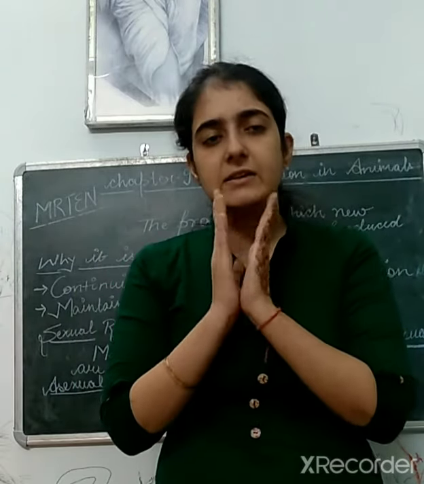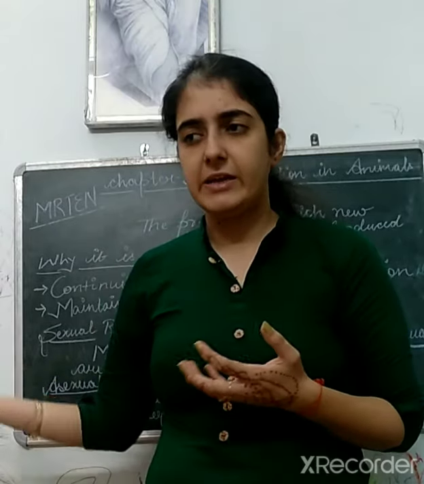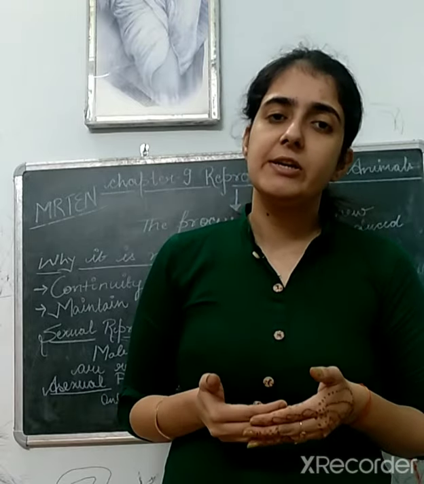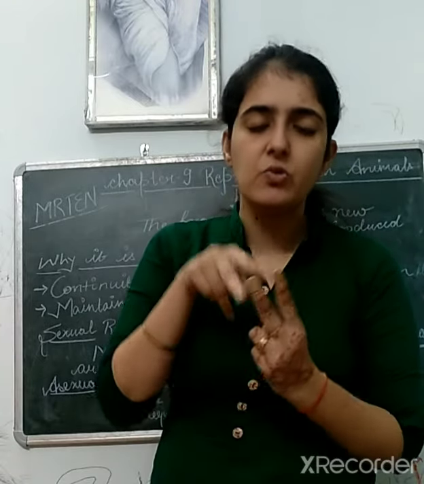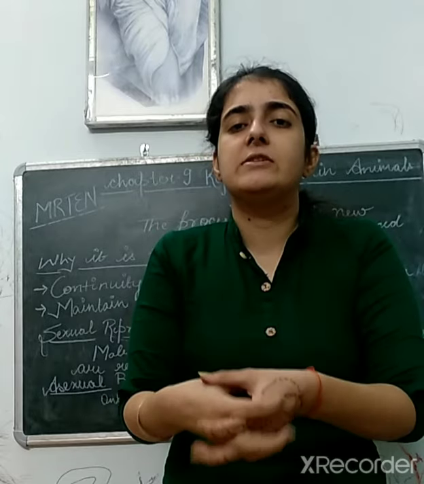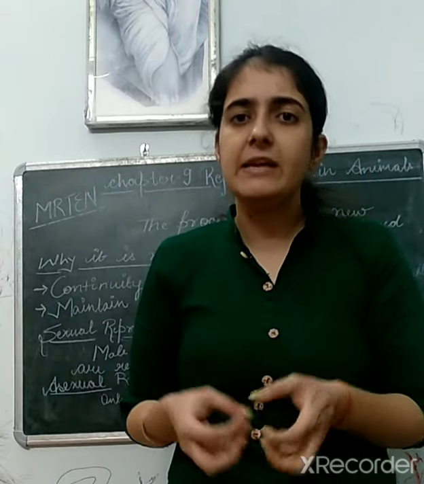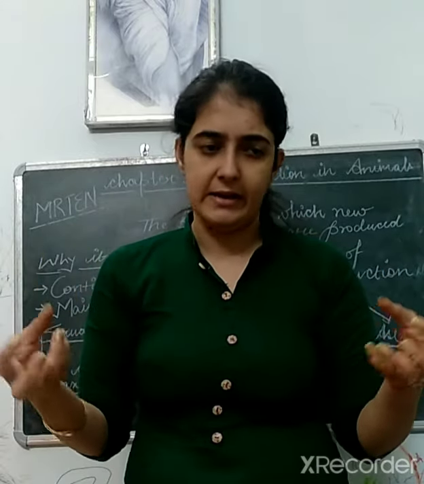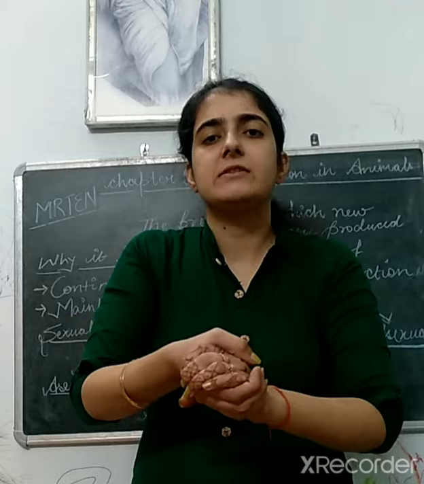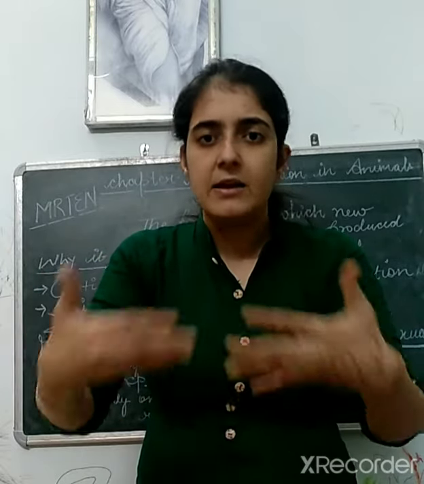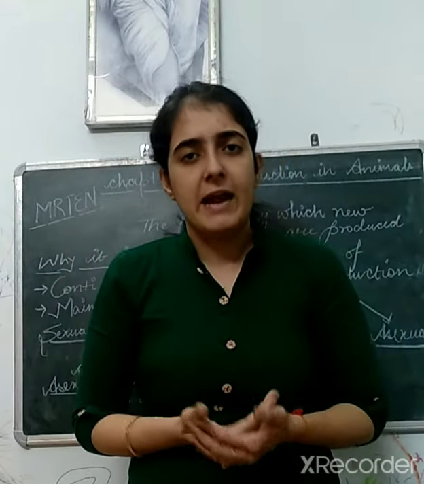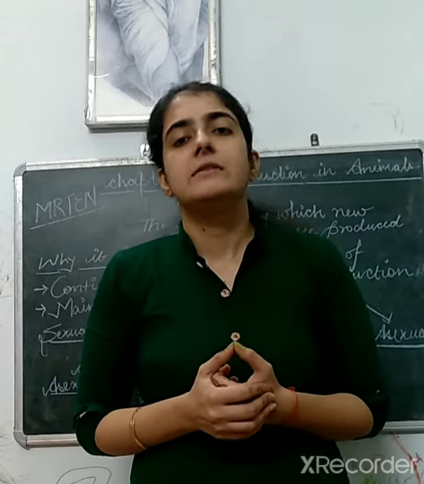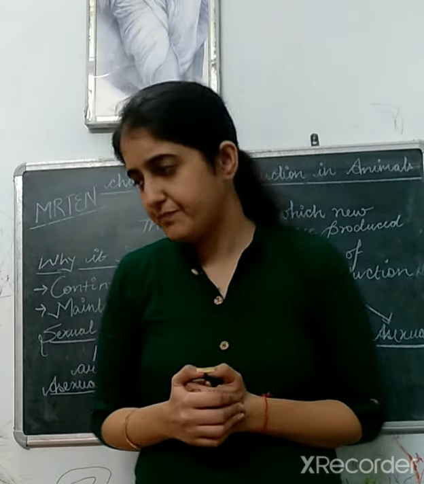In sexual reproduction, these two gametes are fused with each other. The DNA, basically the genes, and genes are made up of DNA, both fuse with each other and form a new cell, a new organism, right?